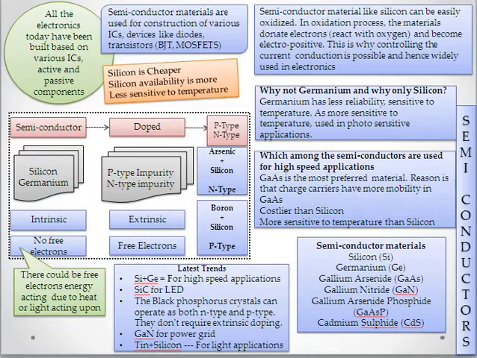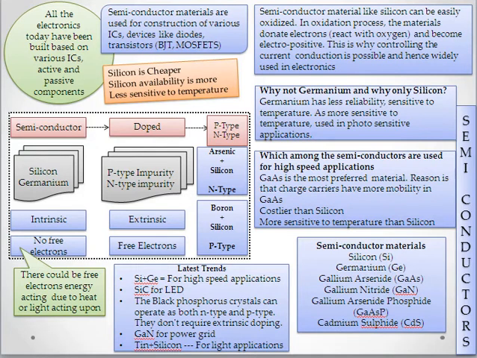So just to give a basic view, the major semiconductor materials that are used for the manufacturing of electronic components, whether it be ICs or active components, passive components, are silicon, germanium, gallium arsenide, gallium nitride, gallium arsenide phosphide, and cadmium sulfide.